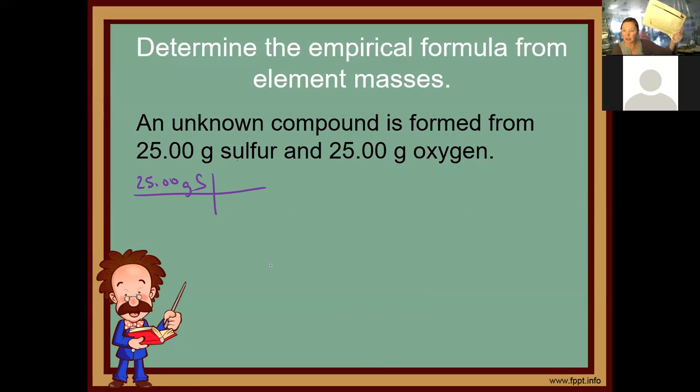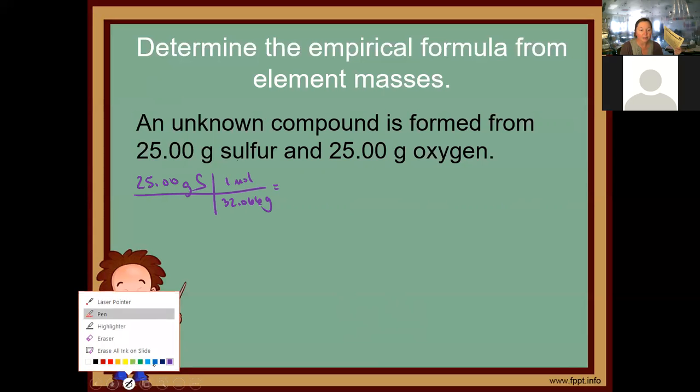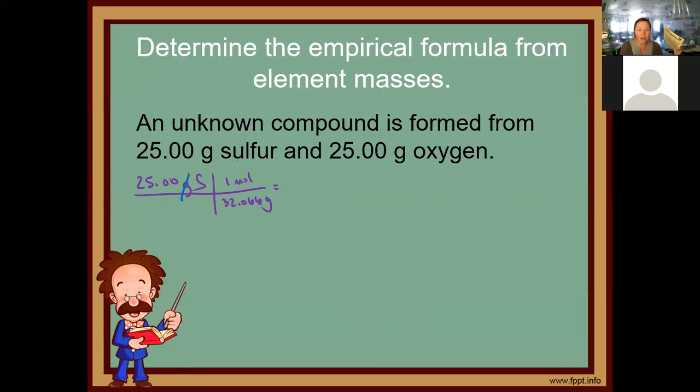Find the handy-dandy periodic table. Sulfur is 32.066 grams per mole. And we put grams on the bottom so that it cancels out with those grams, right? 25 divided by 32.066 is going to give us 0.7796.